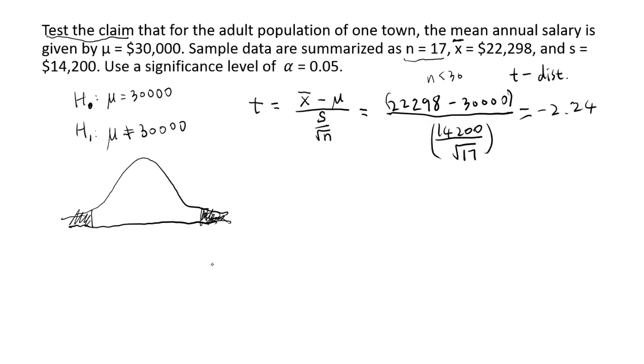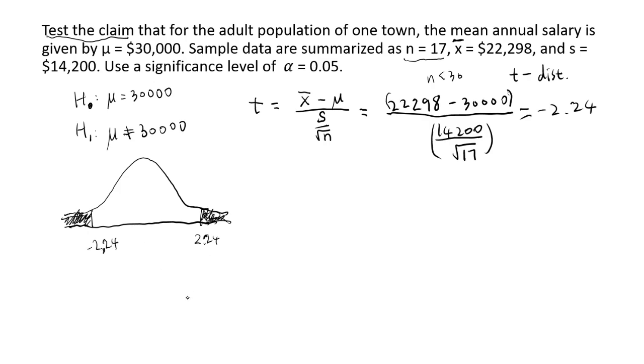If we use the p-value, here's negative 2.24, and the p-value would be the area of the shaded region given by this boundary, negative 2.24, and also positive 2.24. Whenever you get a value, you have to put both the plus and the minus of that value if you're using the two-tailed test.